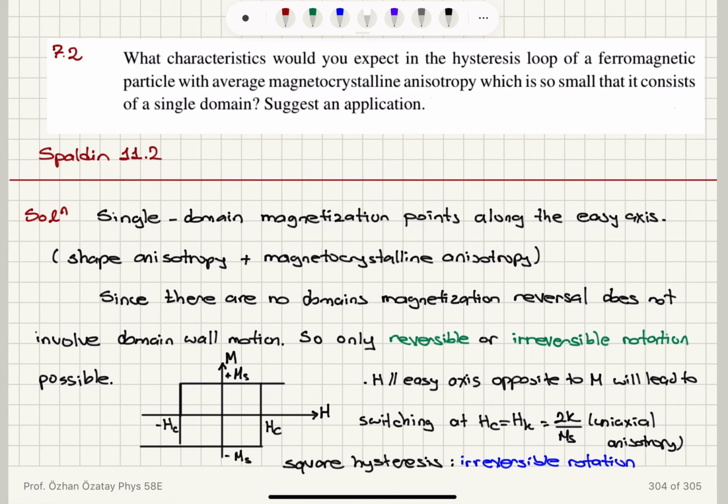And we don't have any domain, so there is no domain wall motion in the magnetization reversal process. If we apply a magnetic field parallel to the easy axis, we get a square hysteresis loop with irreversible rotation of the domain because these two states are both minima in the energy of the anisotropy. So anisotropy energy is minimized in both cases, so it's irreversible.